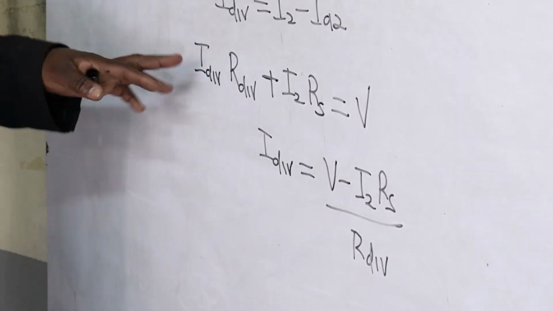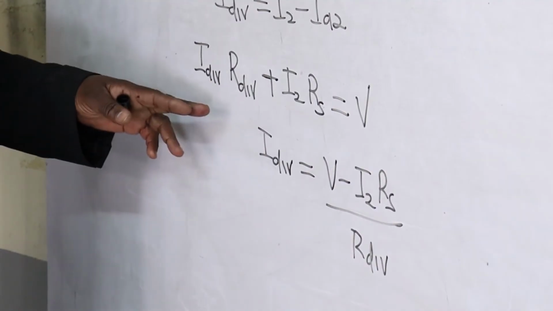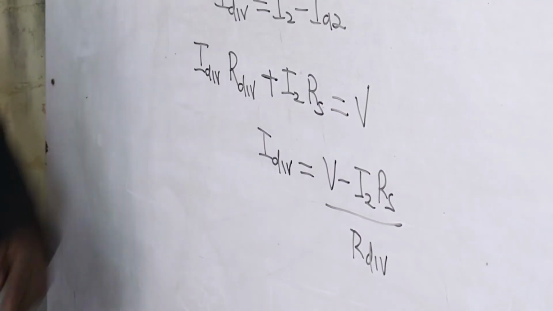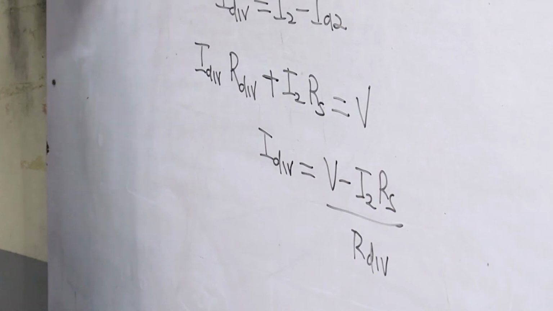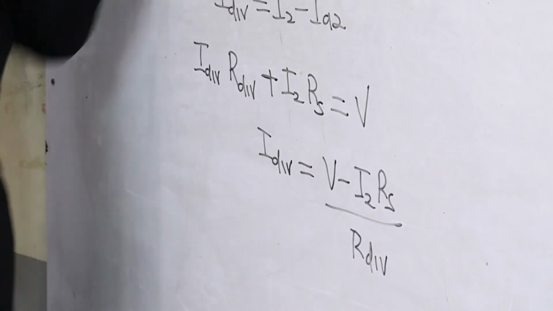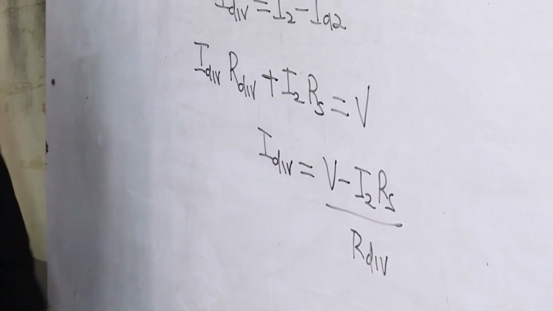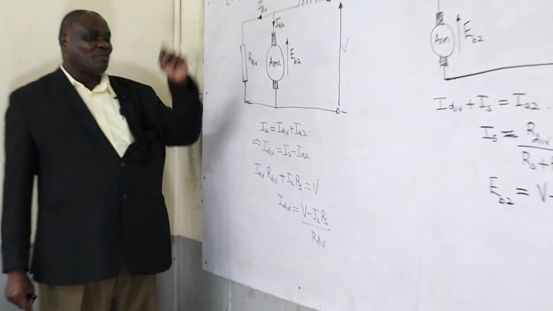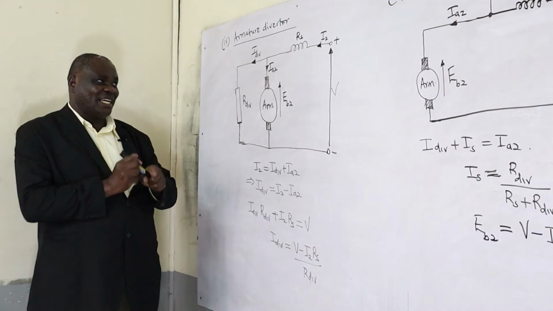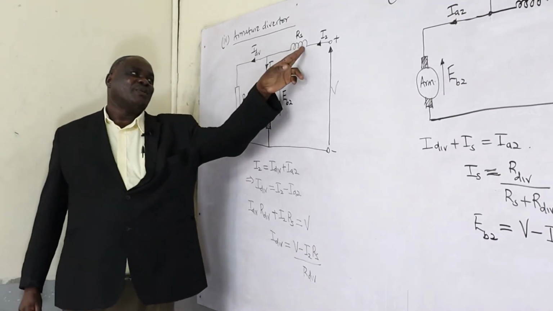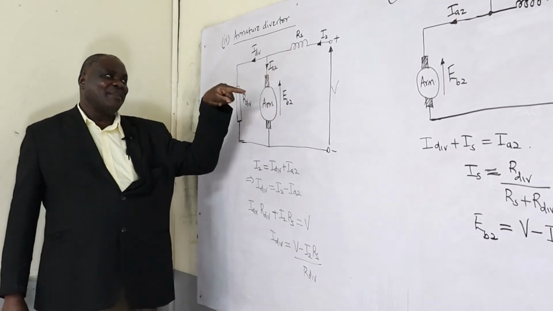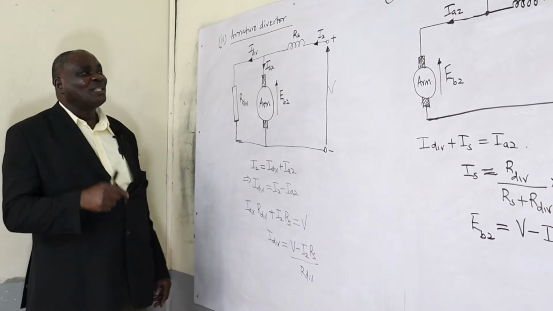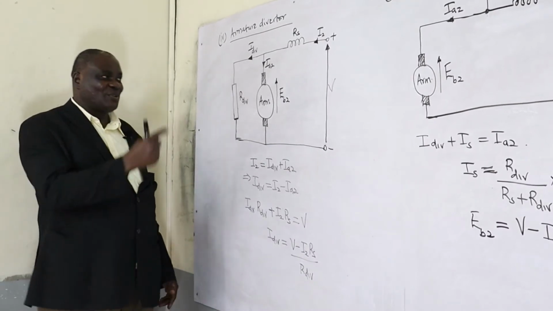The drop here plus the drop here is equal to that voltage. If we have our ID, then our main aim is to obtain I2. If I2 is obtained, because that is what is flowing through the field coil by that time, then that will stand in for phi 2.